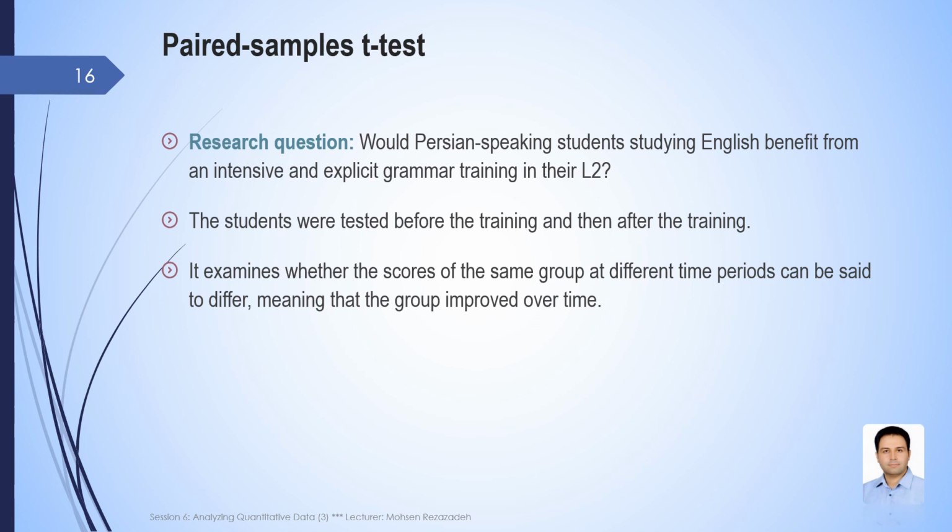So if the students' scores improve from pre-test to post-test, and we run a paired samples t-test on the means of these 2 sets of scores, pre-test and post-test, this shows that students improved significantly, which means that this intensive and explicit grammar training was fruitful.